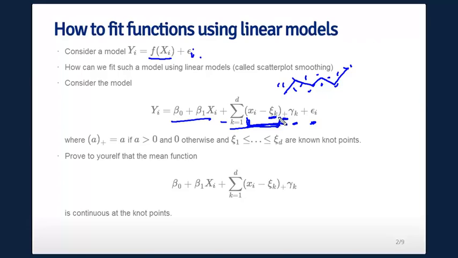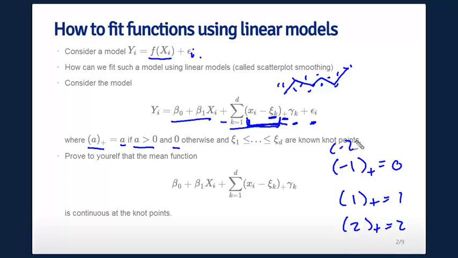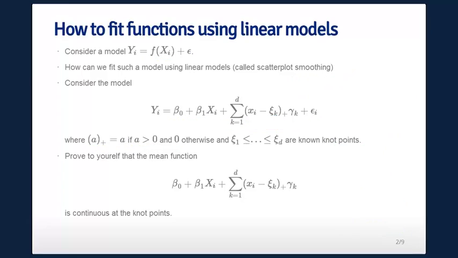Okay. So what this little parentheses plus means is it's a if a is greater than 0 and 0 otherwise. So -1 plus is 0, 1 plus is 1, 2 plus is 2, -2 plus is 0, and so on, right? And then you can prove to yourself that this function is continuous at the knot points.